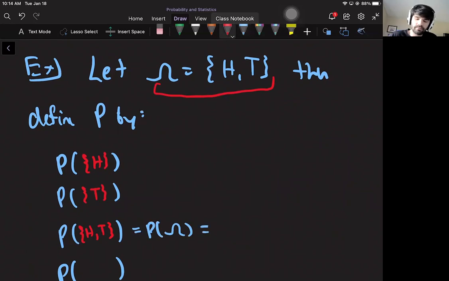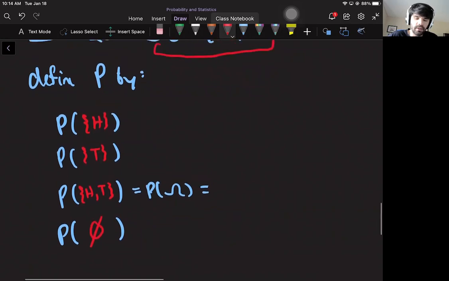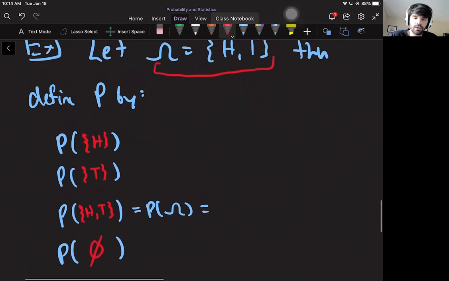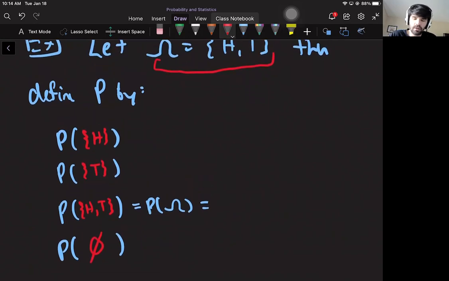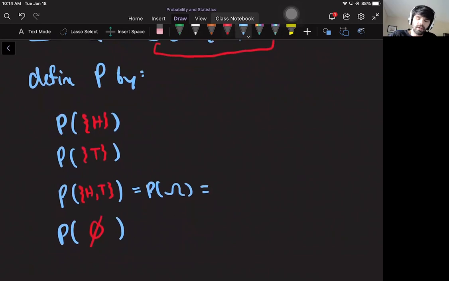But the last one is the tricky one. So the subset that people forget is the empty set. The empty set is a subset of all sets, but it's sort of this tricky one. And you learn a bit more about this concept in set theory class, but we're just going to gloss over it. That's because this probability will always just be 0.